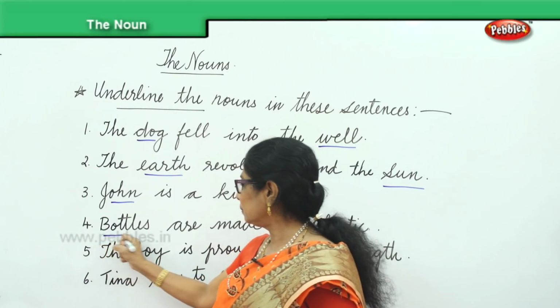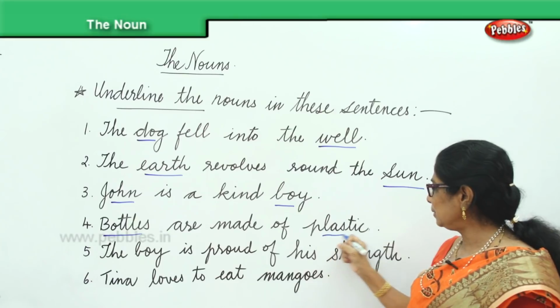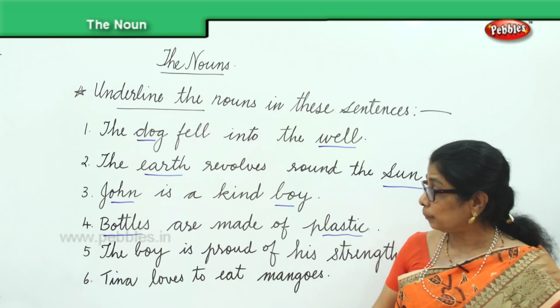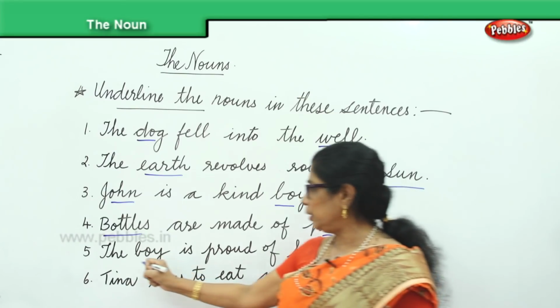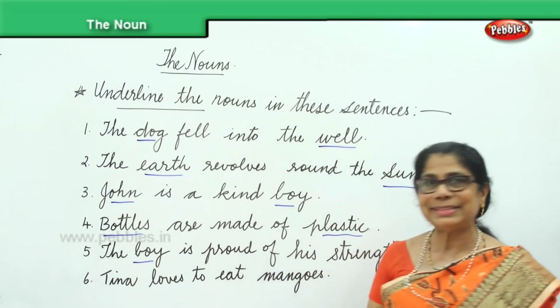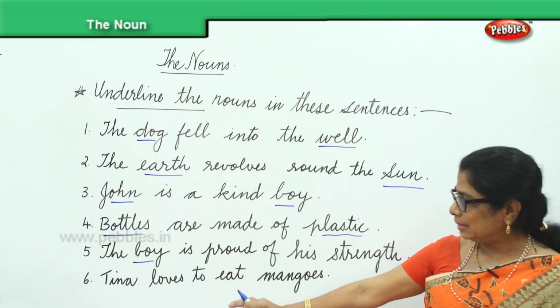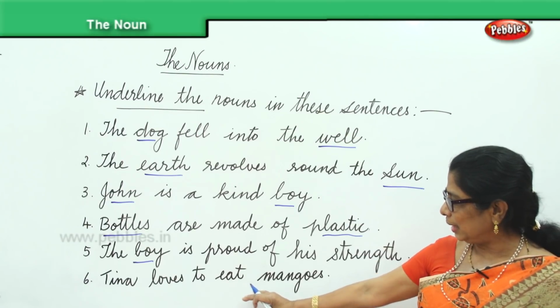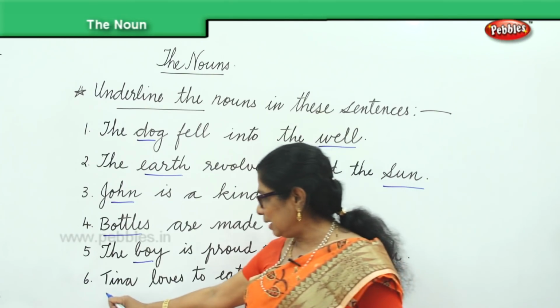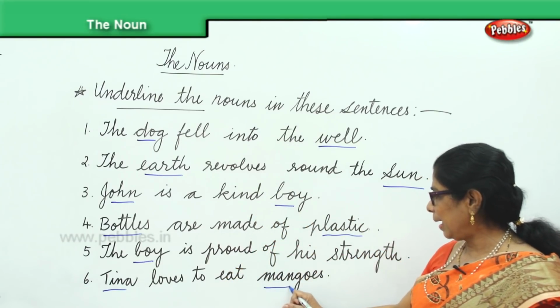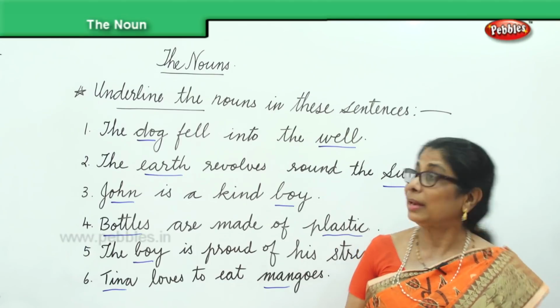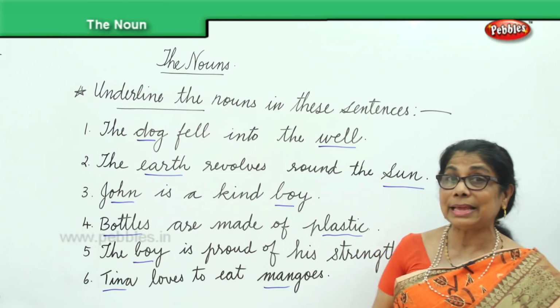Bottles, noun, plastic is also noun. The boy is proud of his strength. The boy, very good. Boy is a noun. Then Tina loves to eat mangoes. Tina is a noun. Mangoes is a noun.